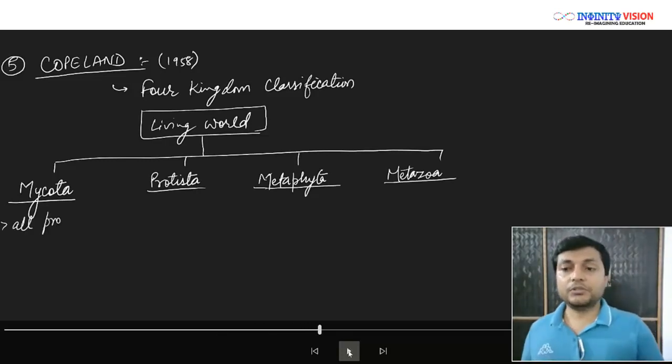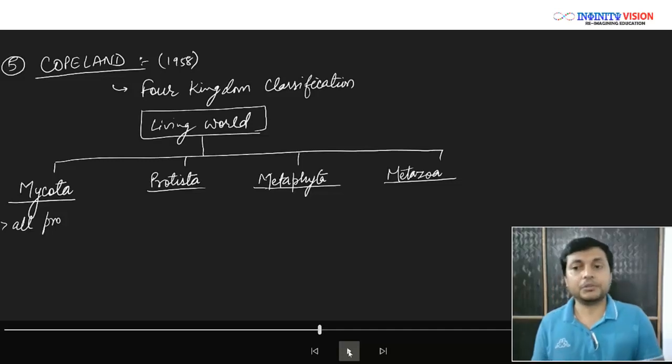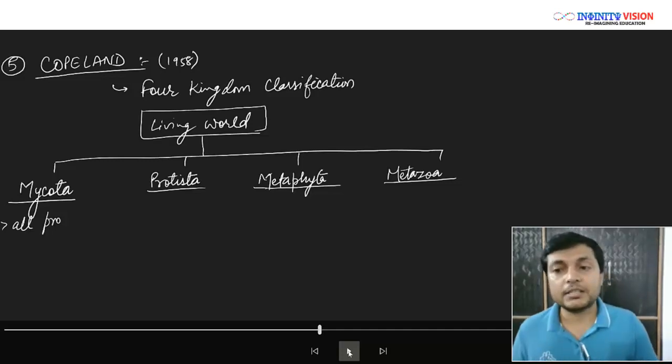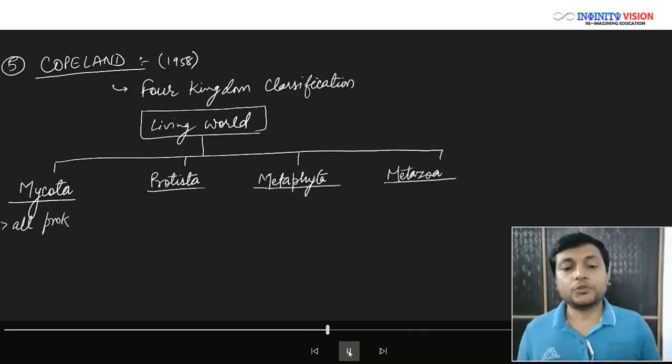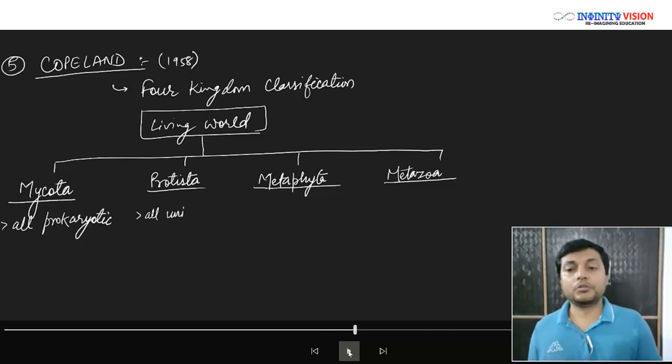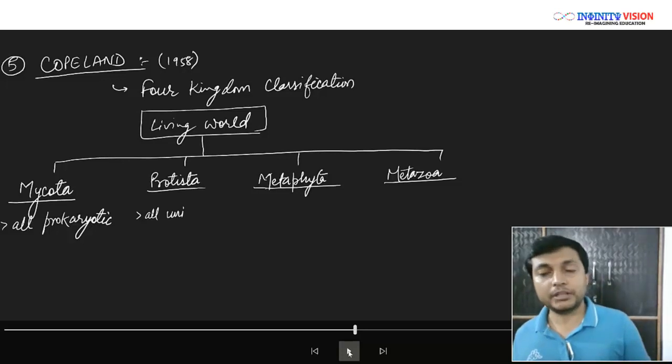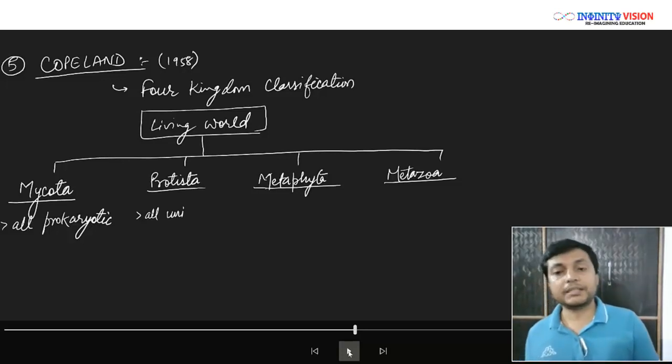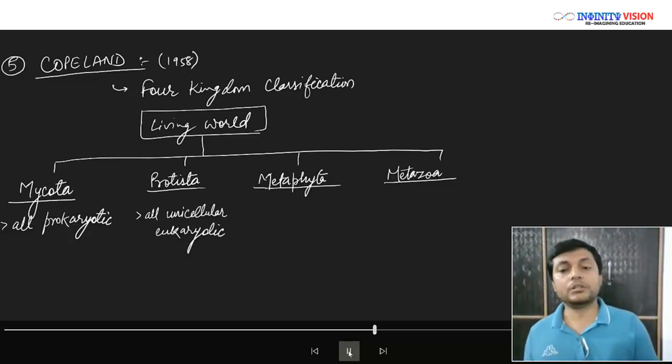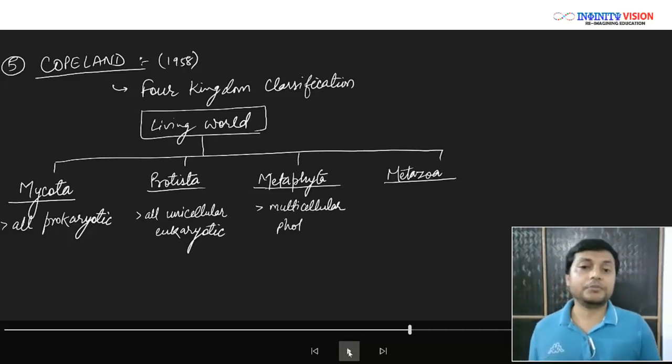Now, as you can see, Mycota is the new kingdom added here. Mycota is the kingdom which will contain all prokaryotic organisms. Later this will be known as Monera. Protista remained, with all unicellular eukaryotic organisms. Metaphyta is the name for the Plantae kingdom.